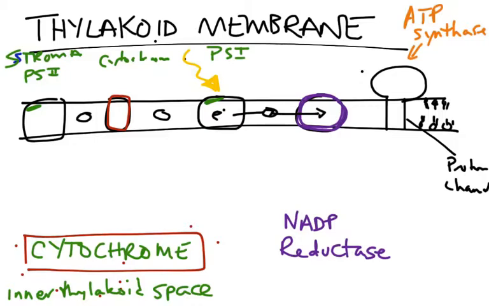So I've got this electron that has lots of energy and it's been pulled over to NADP reductase. What did I do to photosystem 1 when I removed the electron? I lost an electron. I oxidized it. So now photosystem 1 is in an oxidized state.